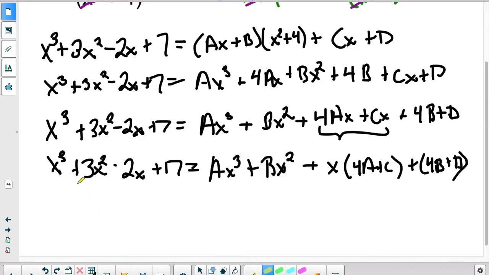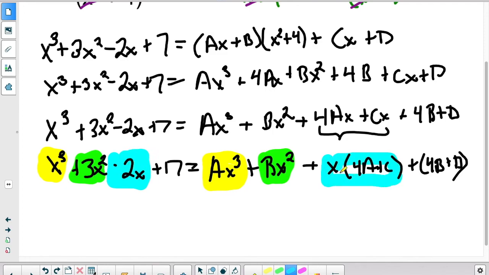Now, our x cubed matched up with our ax cubed. 3x squared matched up with our bx squared. Negative 2x matched up with our x times 4a plus c. And lastly, 17 matched up with our 4b plus d.